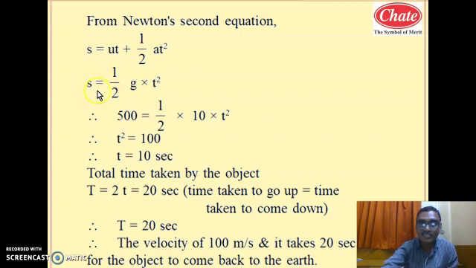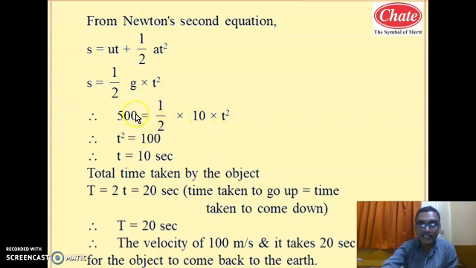Here the distance traveled is the height, that is 500 equal to half into g value 10, plus meaning downward motion, into t square, where t is the time taken by the object to move from the highest position to the ground.